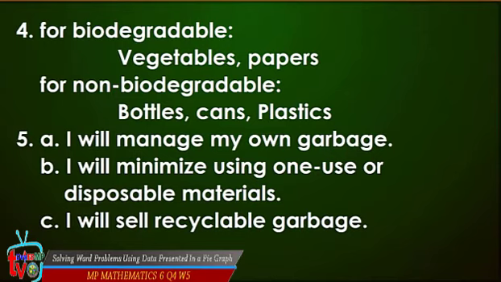Number 4. For biodegradable, vegetables, papers. For non-biodegradable, bottles, cans, plastics. Number 5. Possible answers: I will manage my own garbage. I will minimize using one-use or disposable materials. I will sell recyclable garbage.